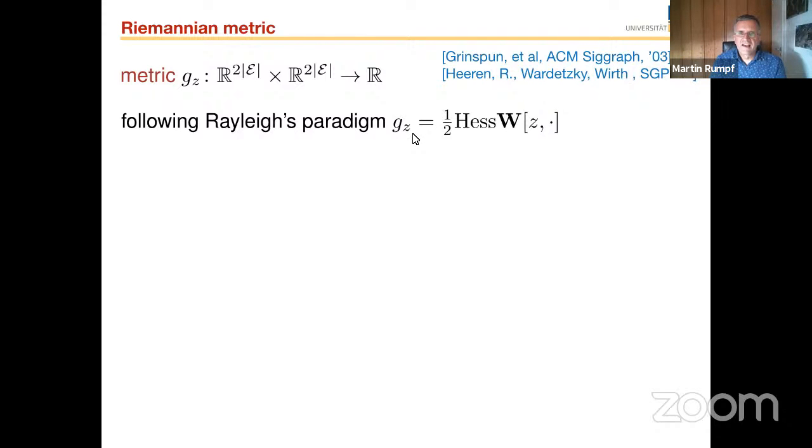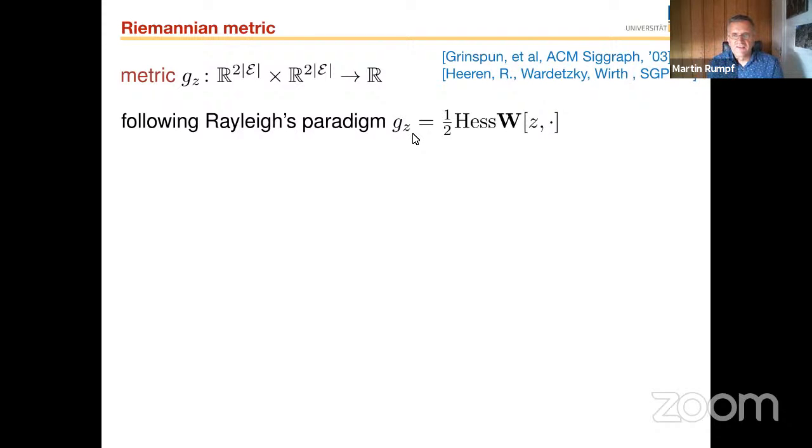This defines us a metric if we replace displacements of this elastic energy or strains by strain rates. So that means we have here elastic energy to define, and we compute just the Hessian, and that is a very natural, very nice metric.